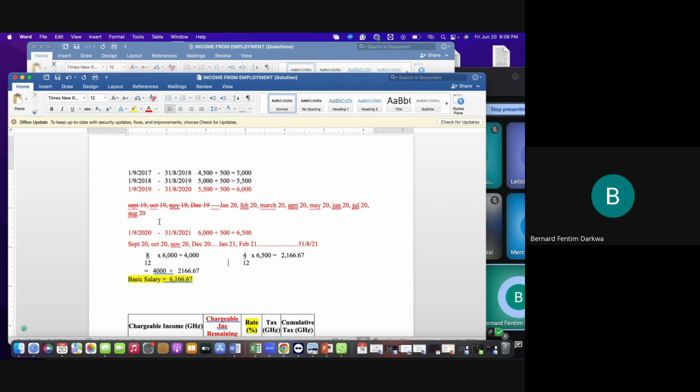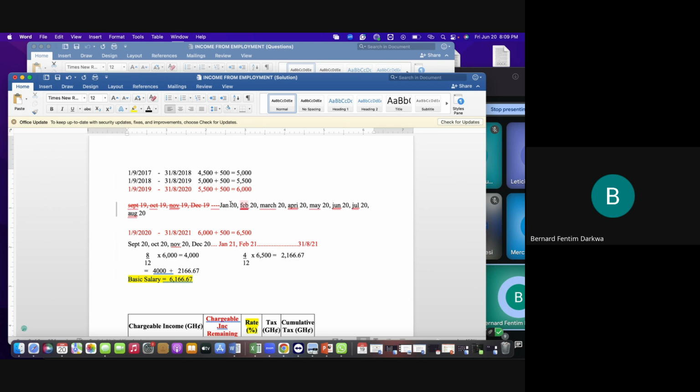So technically that is what we will. So here the relevant years are this. And here we have this. So these are the months that we are interested in. That's the 2020. So you see how it is.